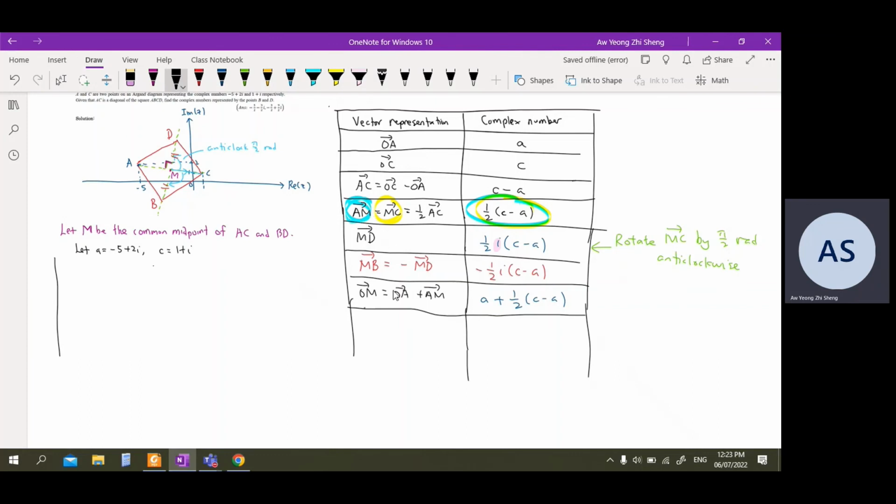Okay, so now since OM is available, I can now plan a path from O to B. Right, so OB would be OM plus MB.